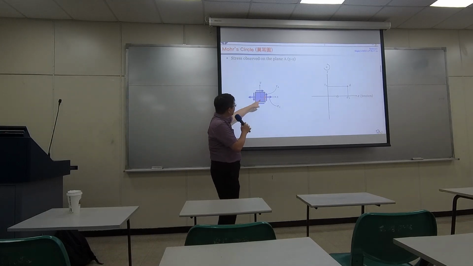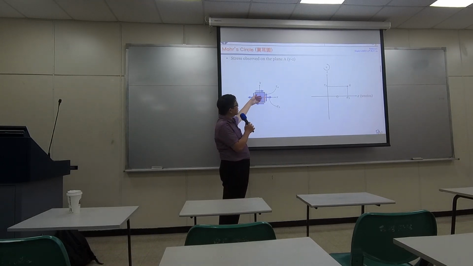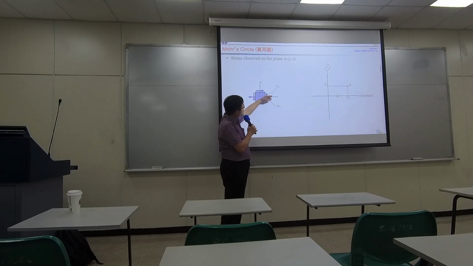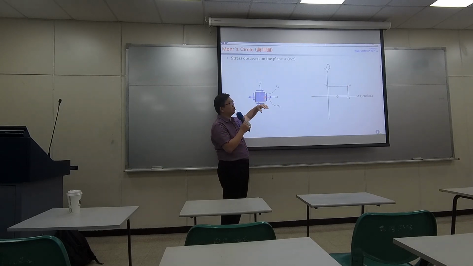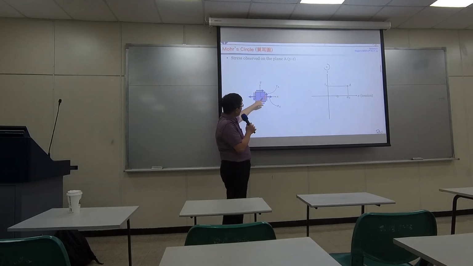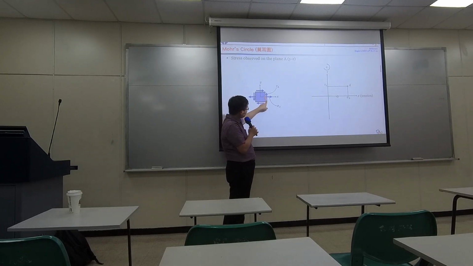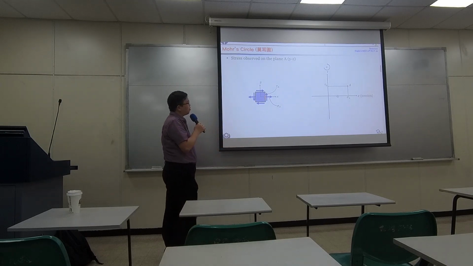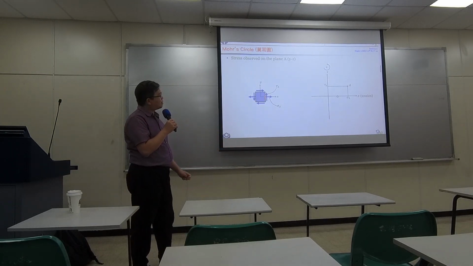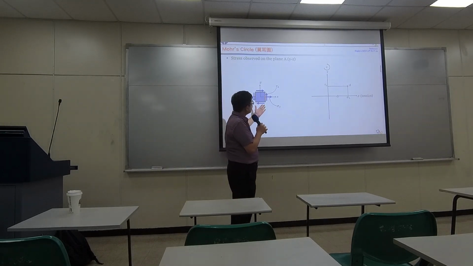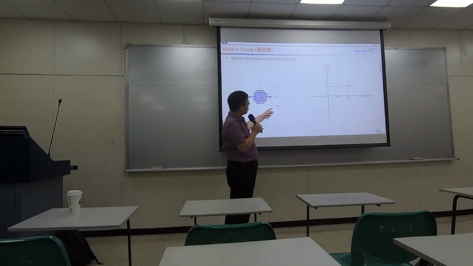So, starting from here, let's say it's an initial position with 0 degree. And we found there is a normal stress in the magnitude of sigma A, and there's a shearing stress in the magnitude of tau A. So it's easy to recognize the direction or positive and negative of sigma.